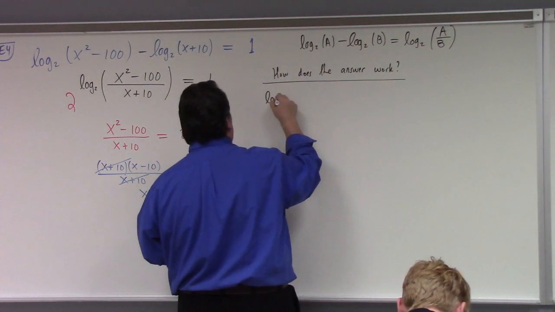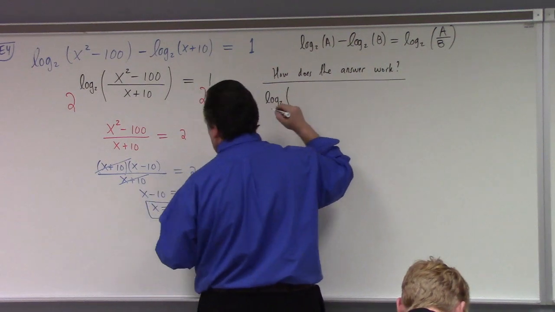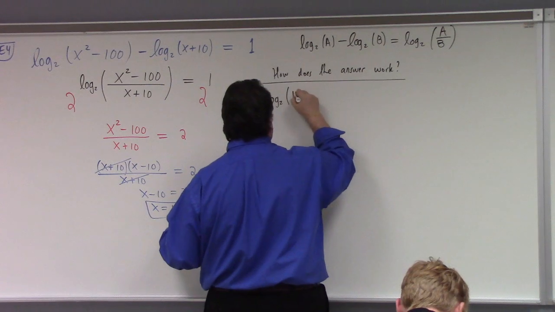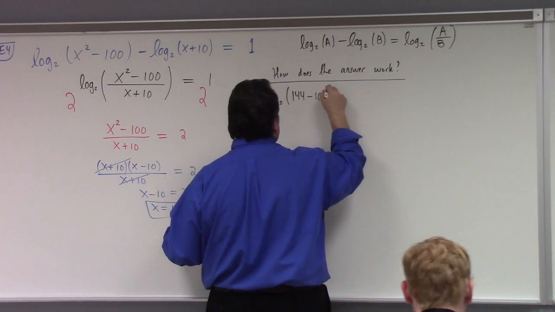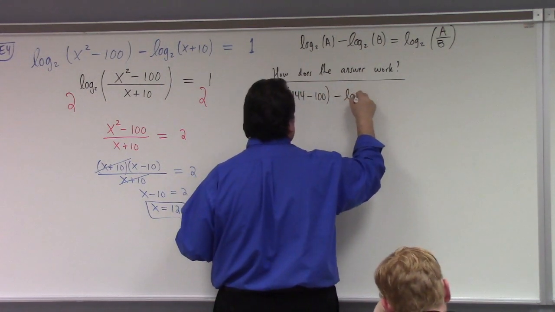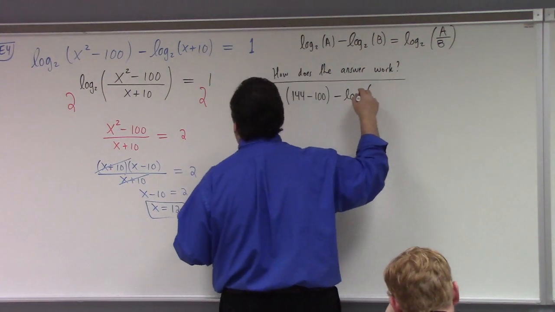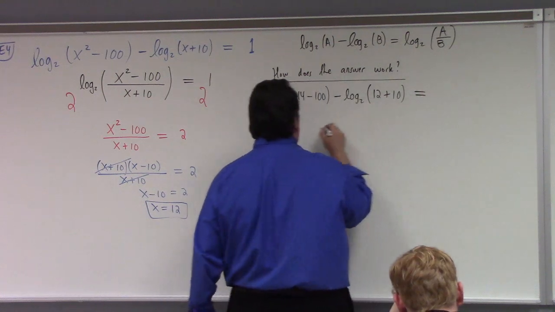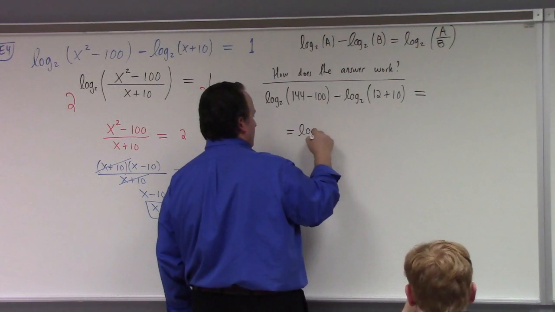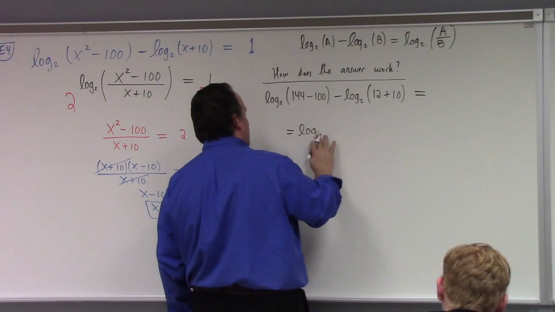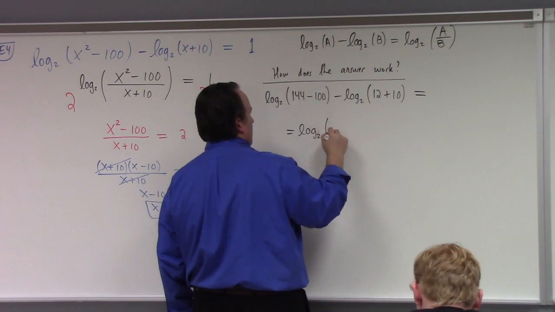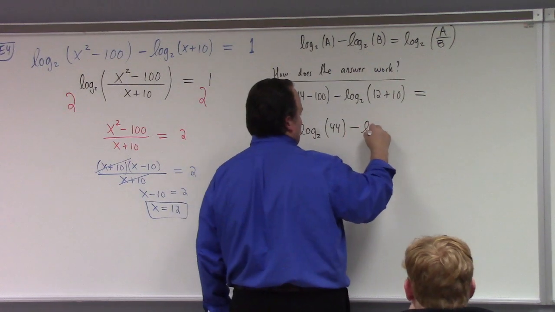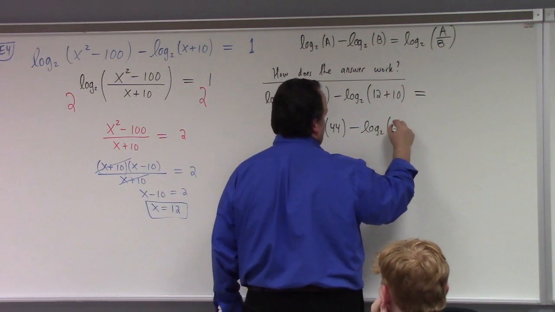So let's look at log base 2 of, you guys tell me, 12 times 12 is 144. 144 minus 100, minus the log base 2 of 12 plus 10. All right, so what is that? We've got log base 2 of 44 minus log base 2 of 22.